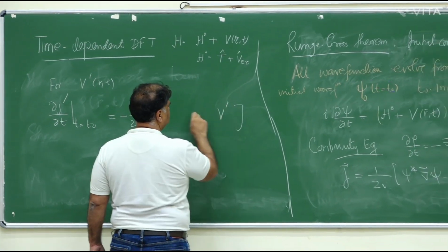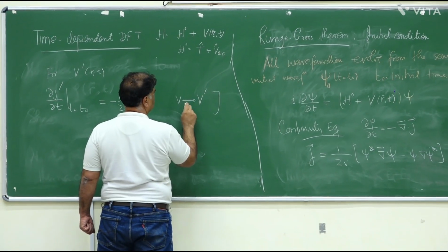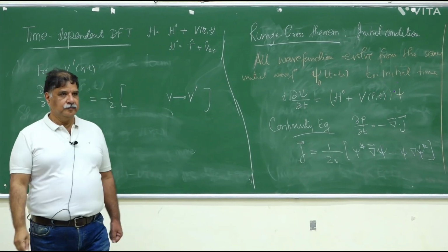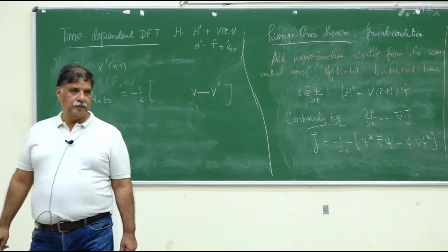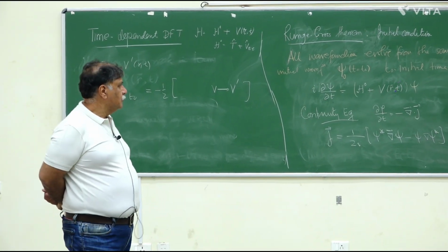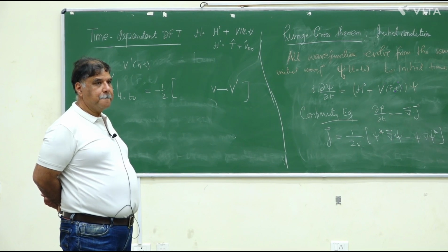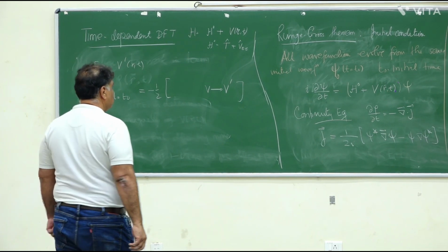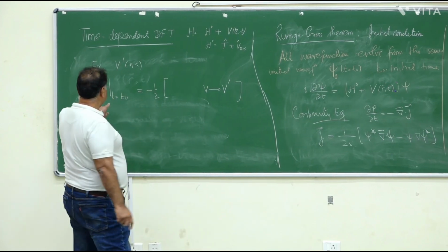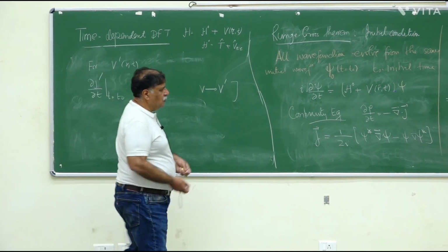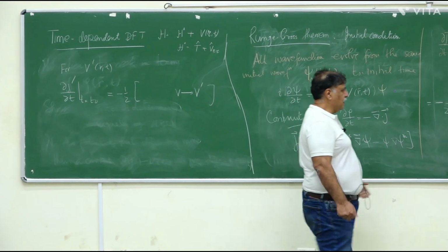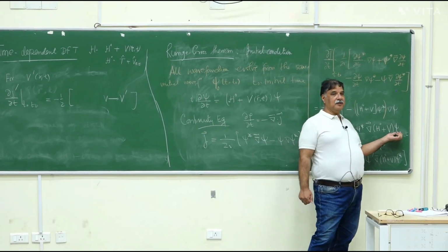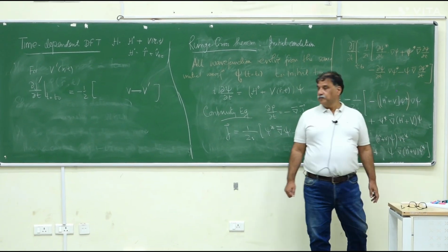All this will be replaced by V prime. Agreed? Okay? Now subtract, notice I'm doing this at t equal to t0. So everything is at t0, so psi is the same. I'm starting at psi 0.